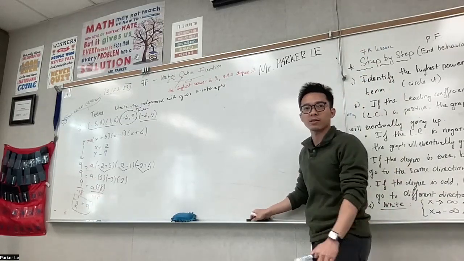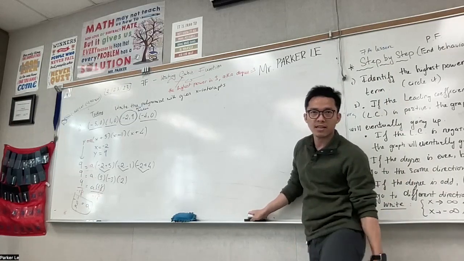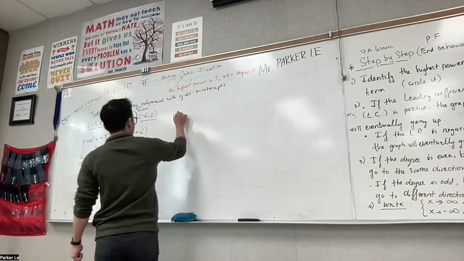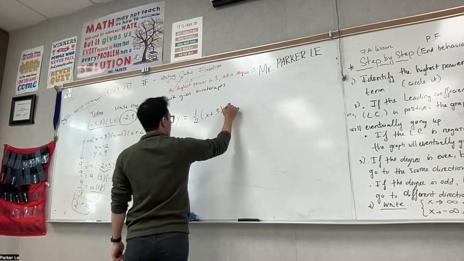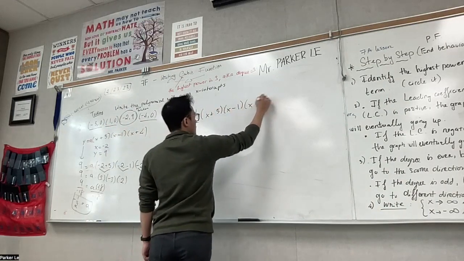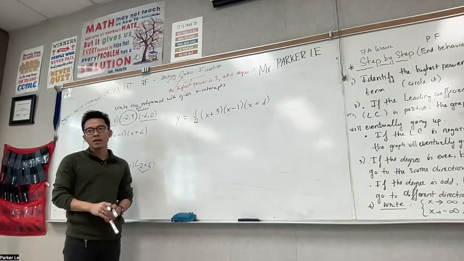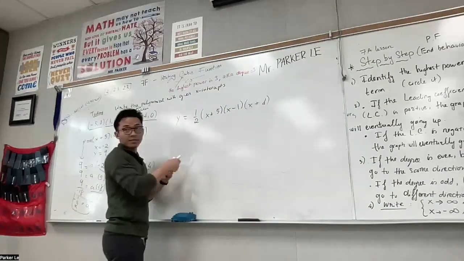They're not dealing with decimals. Decimal is only when you learn statistics. Yeah, if you go to statistics, then you're going to use decimals. Chemistry as well, but not in this math.